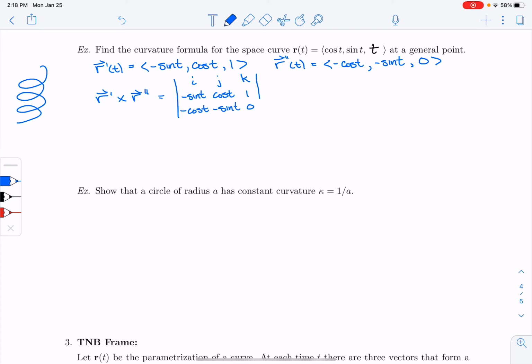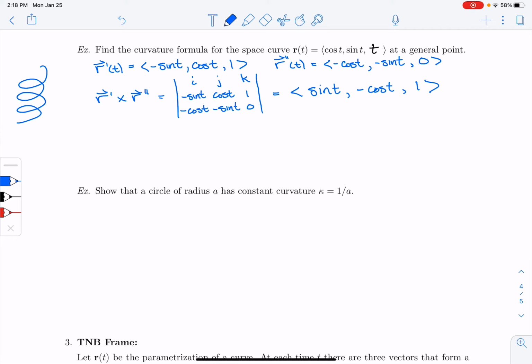Now you're familiar with cross products, so I'm not going to go through all of the details, but I will tell you that this is going to be sine t, and then we're going to get a negative cosine t, and then 1. Okay, so we need the length of that vector.